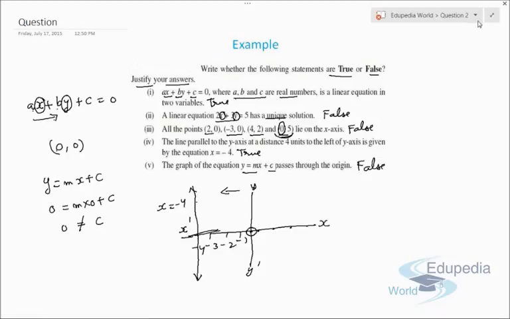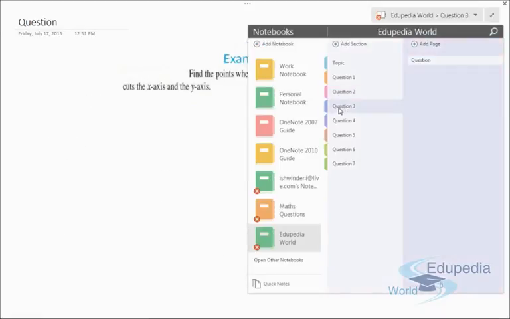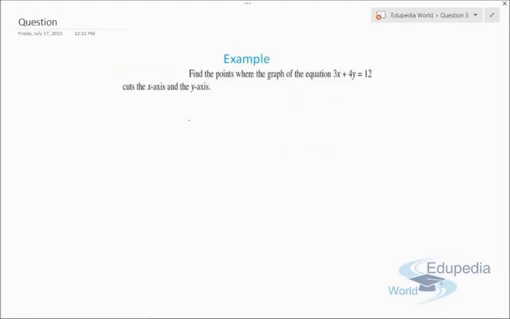Question number 3. We have to find the points where the graph of the equation 3x plus 4y equals 12 cuts the x-axis and y-axis.